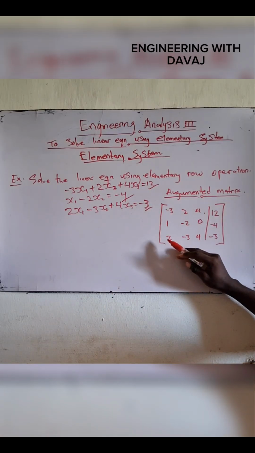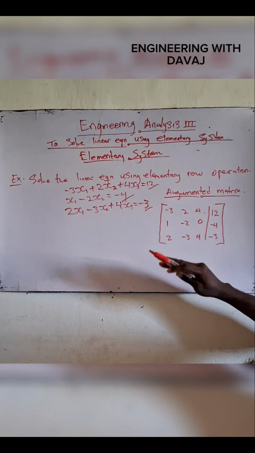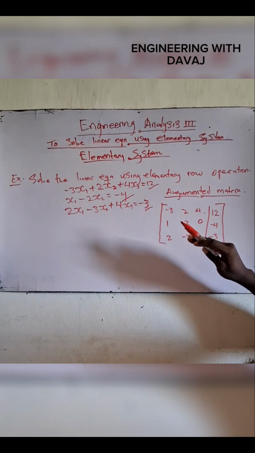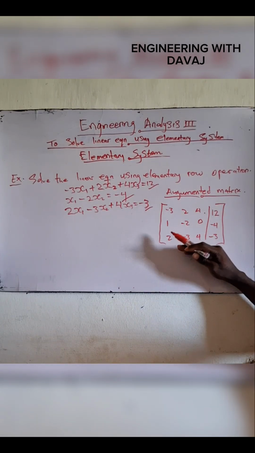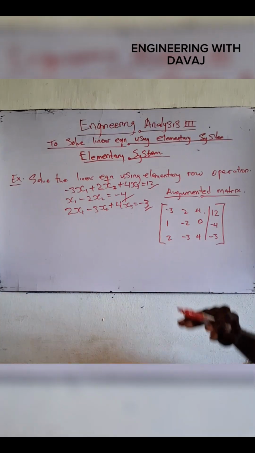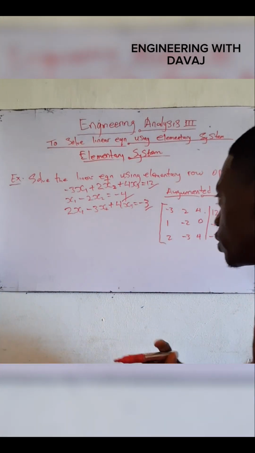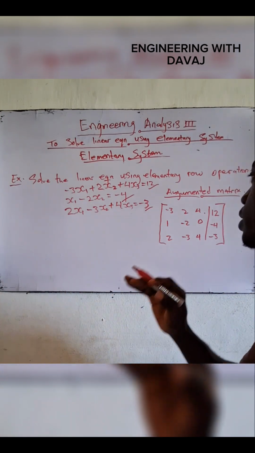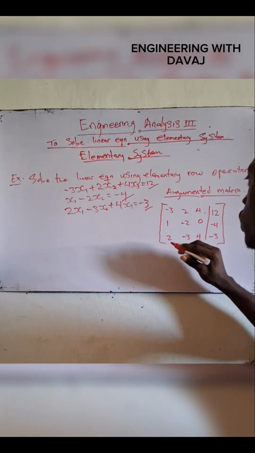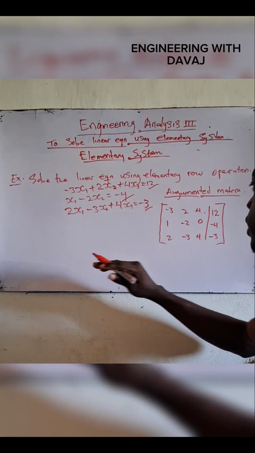To do that, we have to perform some operations on the matrix. Stay with me till the very end of the video to understand it very well. This is kind of tricky, but it's not hard. So let us get into it.